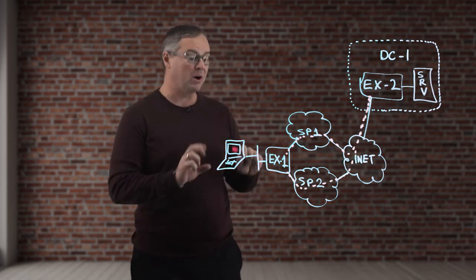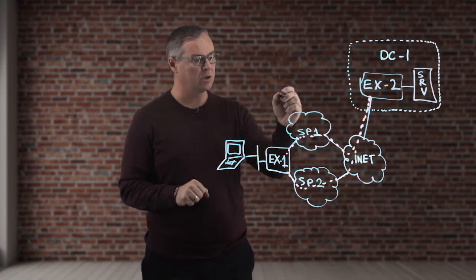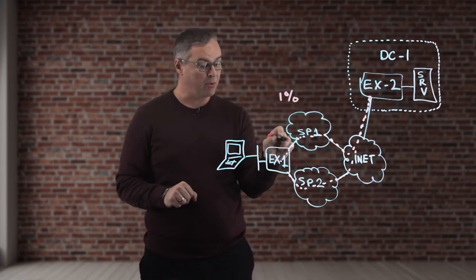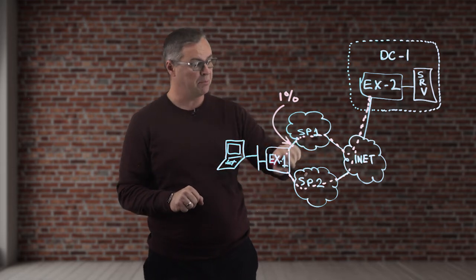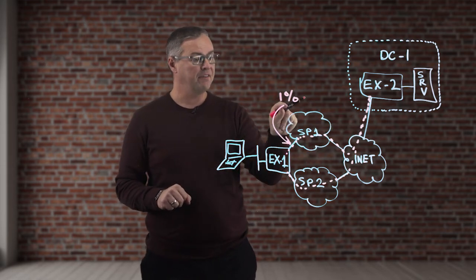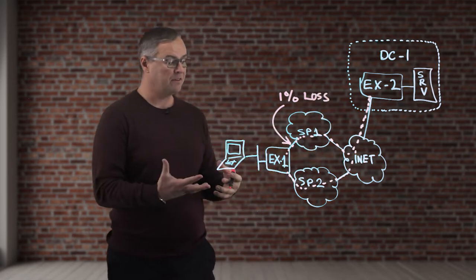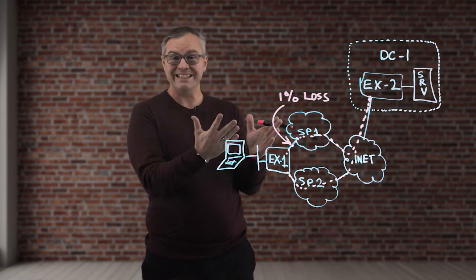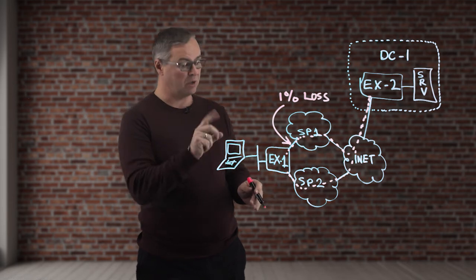So, for example, I could say that I want to look for, let's say, 1% packet loss on my primary link, which is SP1. So we're looking for that link and the probes on that link. And if I have 1% loss, then I want to enable a feature that will take my traffic and condition it, move it to SP2. That's one option I have.